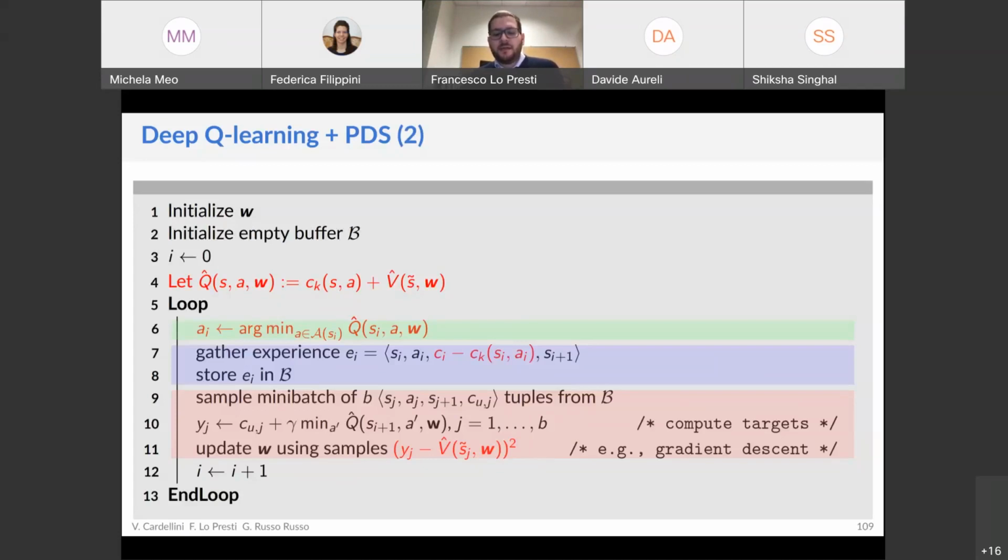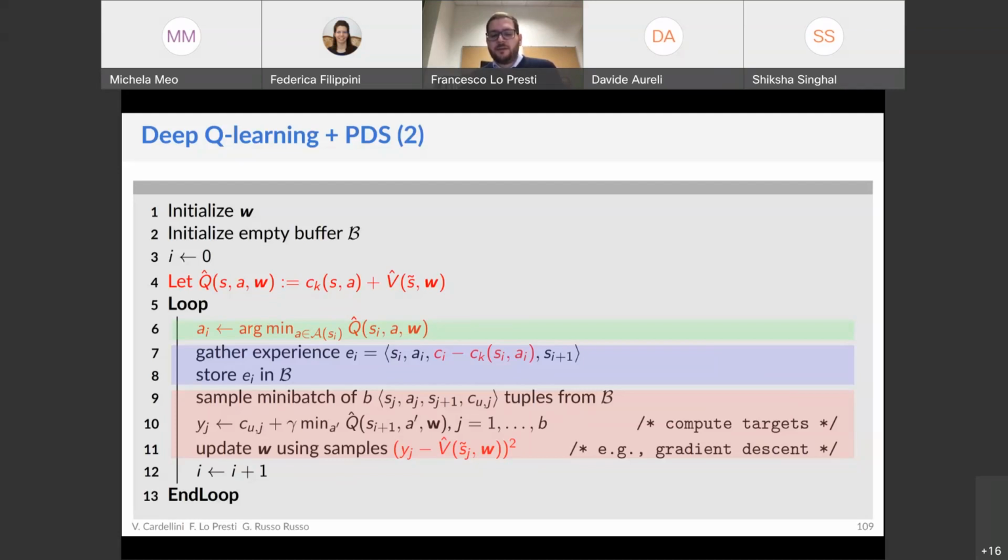First of all, we need to recall that when we know the PDS value function, or as in this case, we are able to approximate the PDS value function, we can easily retrieve the Q function by summing it with the known cost. Then at line 6, we can replace epsilon greedy action selection with a simple greedy action selection. Then at line 7, there is probably the main difference in this new version of the algorithm.